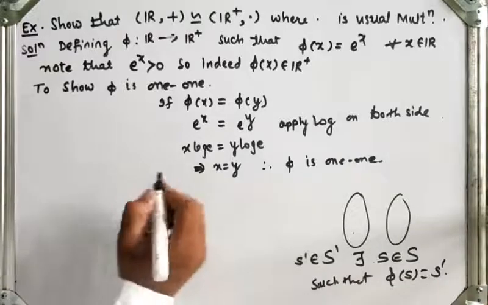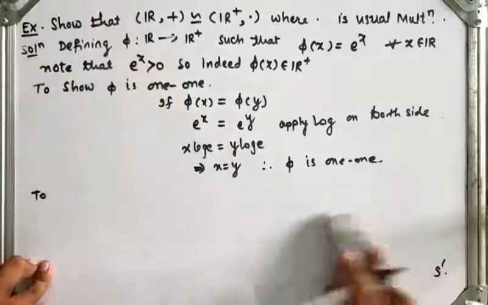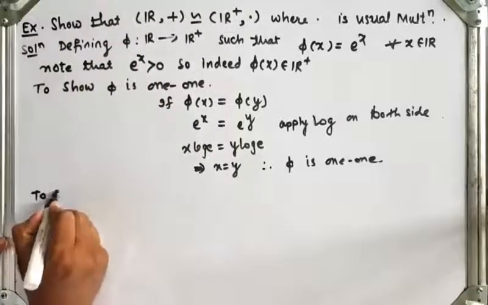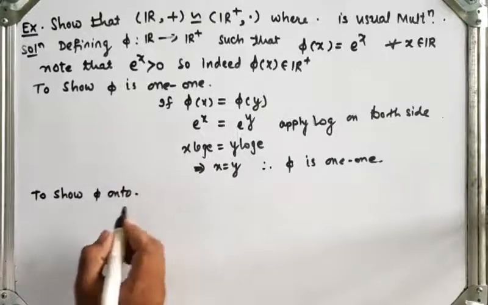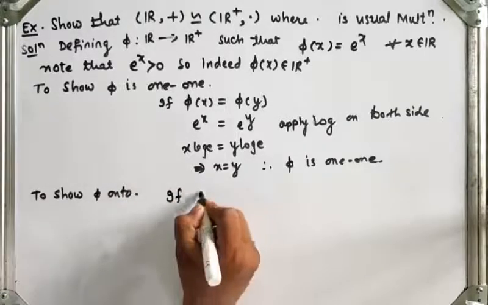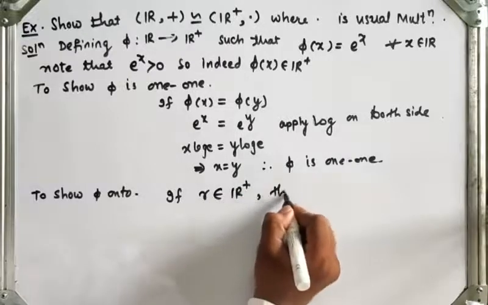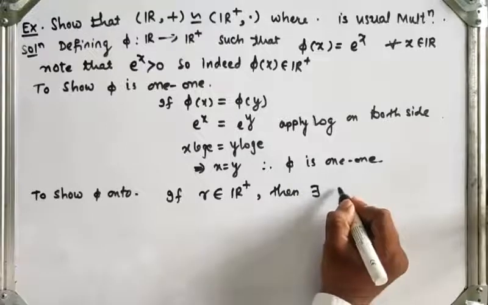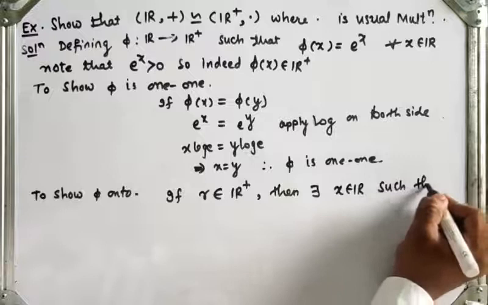Now to show phi is onto, if r belongs to the positive real numbers, then there exists x belonging to the real numbers R such that phi of x is equal to r.